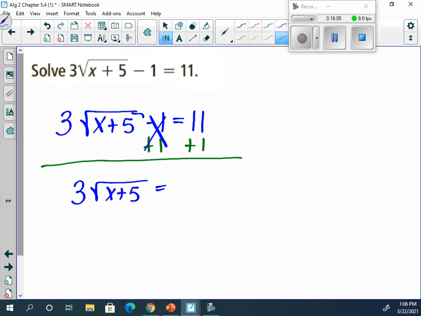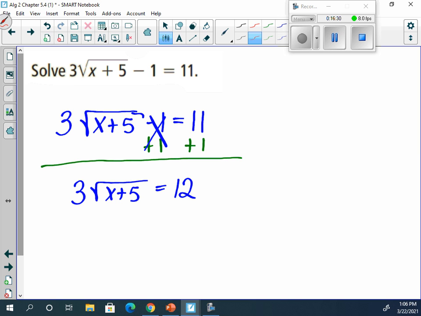plus 5 is equal to 11 plus 1 is 12. So we move that over first. Is there anything else we need to move, or we need to divide by 3? Because we have 3 times the square root of x plus 5.